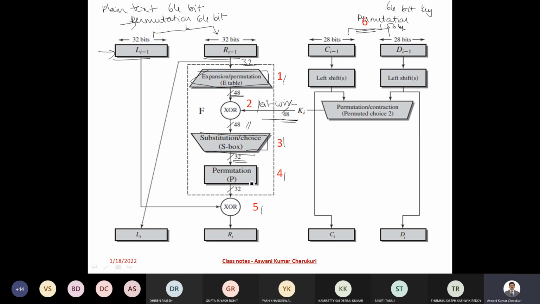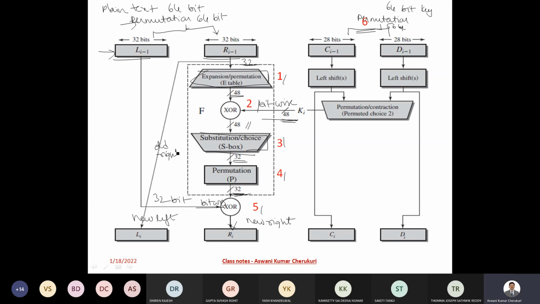Now this 32-bit undergoes a permutation operation, giving you 32-bit. This and the left half of 32-bit undergo a bitwise XOR, giving you the new right. And the new left is the old right.